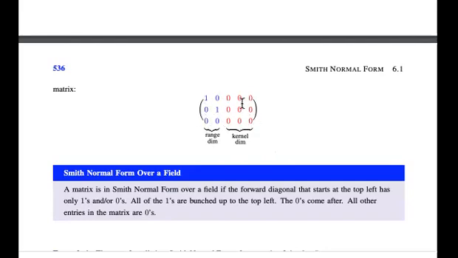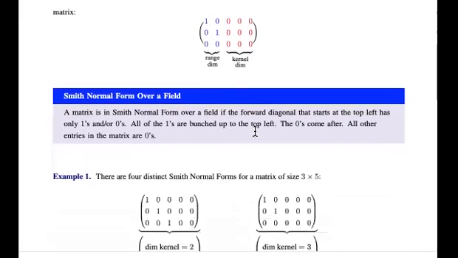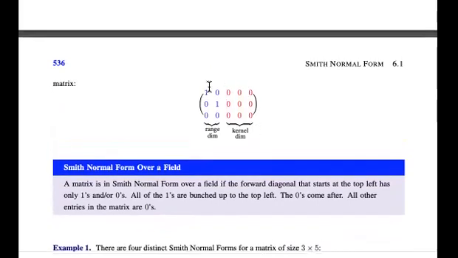Now, the number of columns represent the dimension of the domain itself. Notice that the kernel dimension plus the range dimension will be equal to the domain dimension here. So it's easy to read off the kernel dimension and the range dimension.